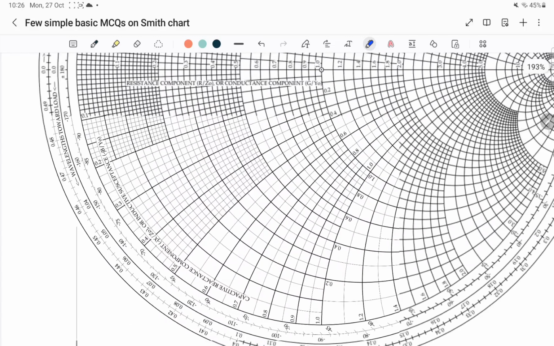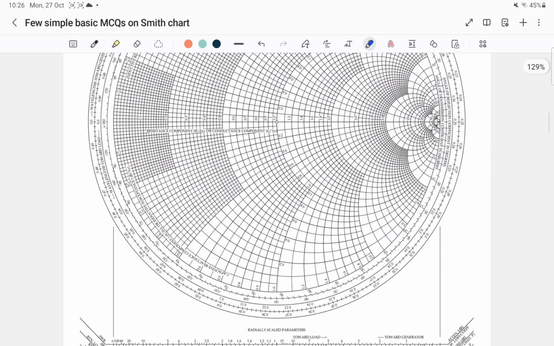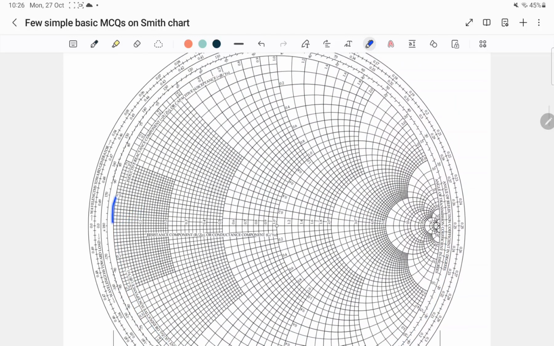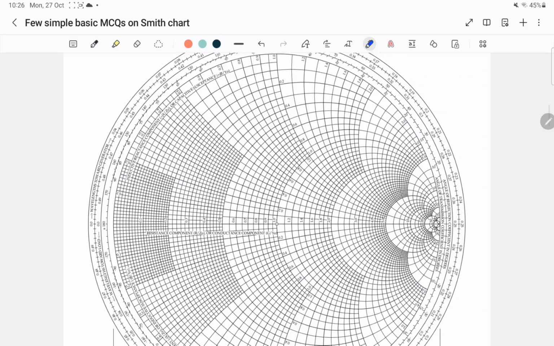The bottom half of the Smith chart represents capacitive load, and the upper half of the Smith chart represents inductive load.